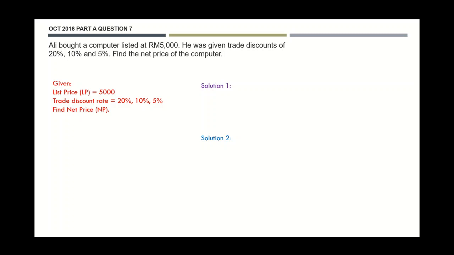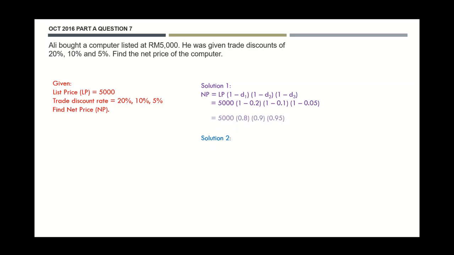Solution 1 is by using the direct formula for net price, that is NP equals LP times 1 minus D1, 1 minus D2, and 1 minus D3, because we have three trade discount rates, D1, D2, and D3. Substituting the correct values into the formula, we substitute LP with 5,000, D1 with 0.2, that is 20%, D2 is 0.1, 10%, and D3 will be 0.05, that is 5%.